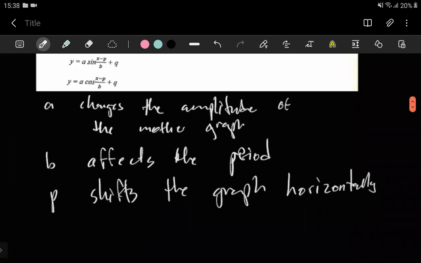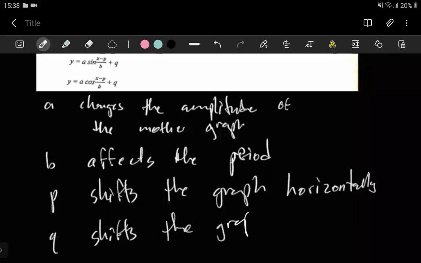And then Q shifts the graph vertically. Q shifts the graph vertically. And there we go. It shifts the graph vertically.